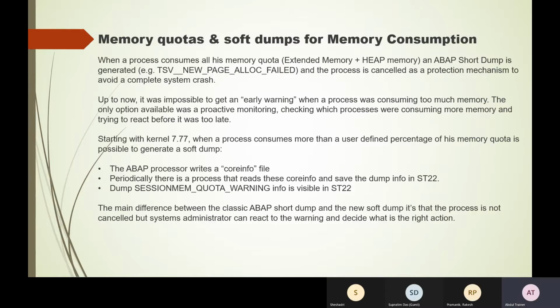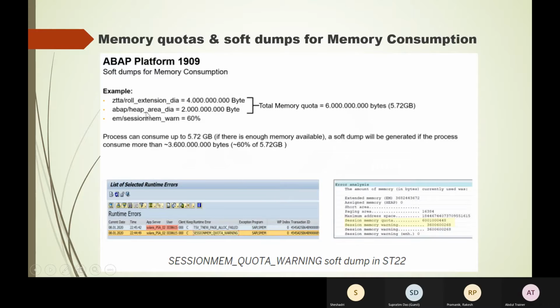So you can define the quota for individual, exclusive users. Okay. So if you see here, these types of dumps you will get are related to the quota. So you can define the session memory quota warnings.